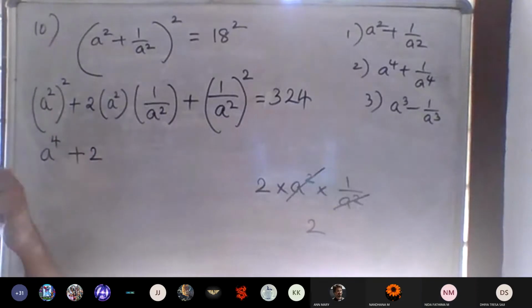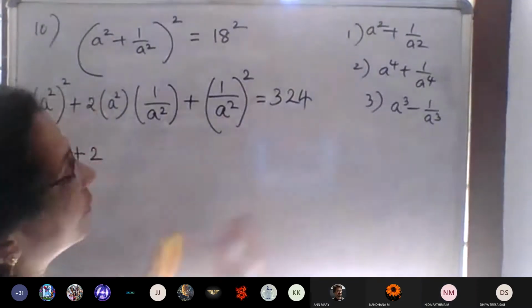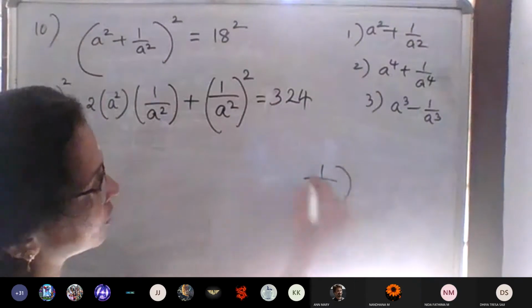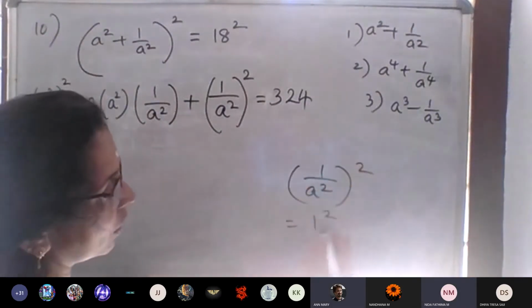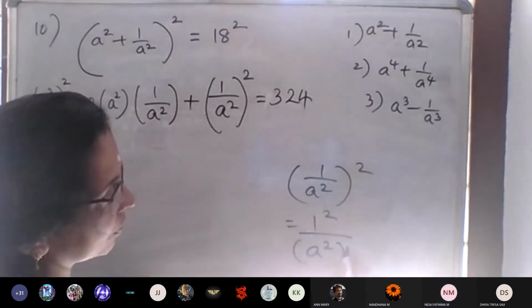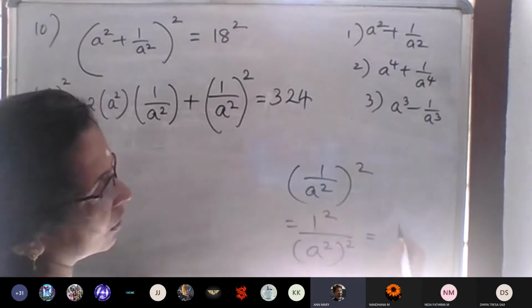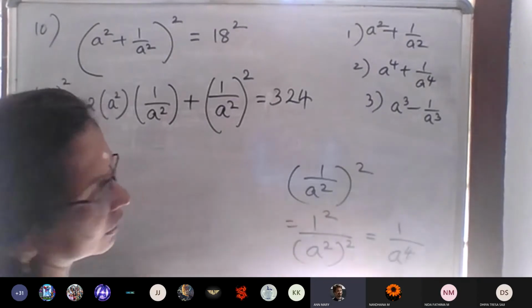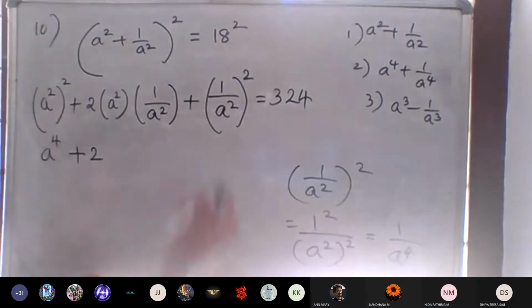Then next is 1 by a square the whole square, that is 1 by a raised to 4. So this term we can write as 1 by a raised to 4, and it is equal to 324.